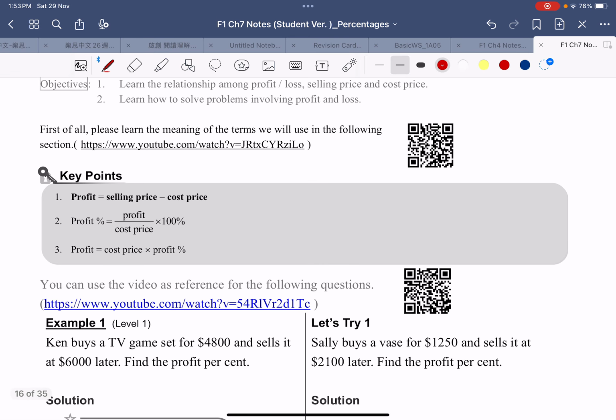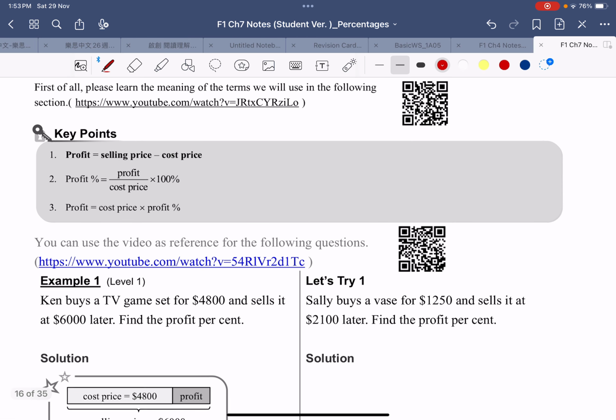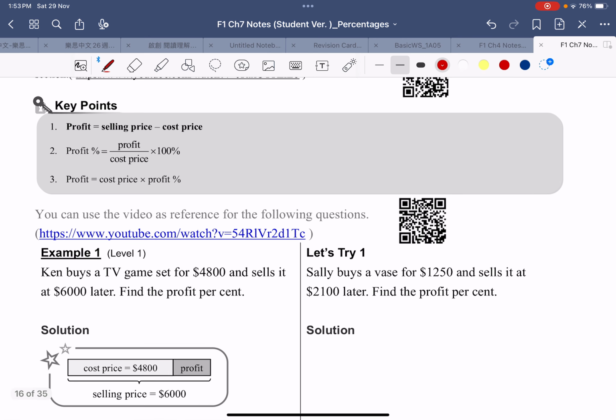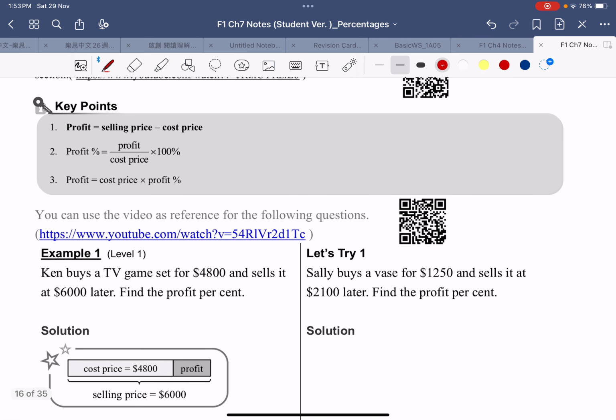Actually, we have some formulas for profit percentage. The idea is like this: imagine yourself as a businessman. You buy something and then you sell something for a profit.